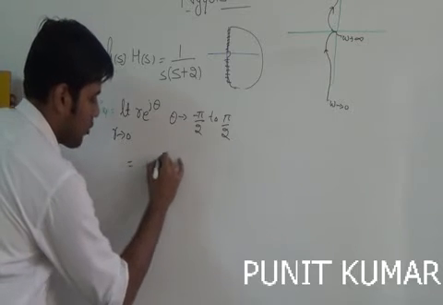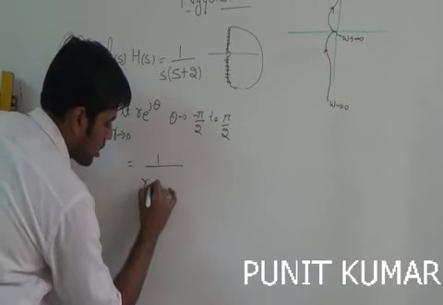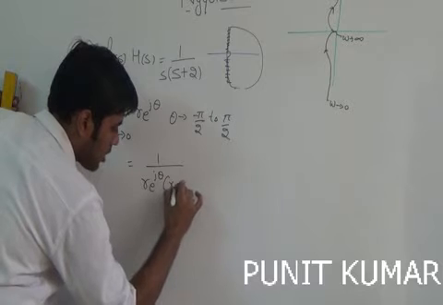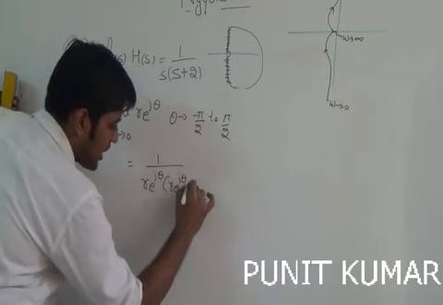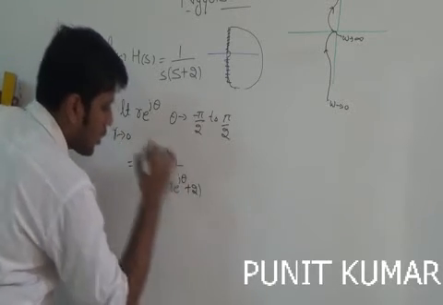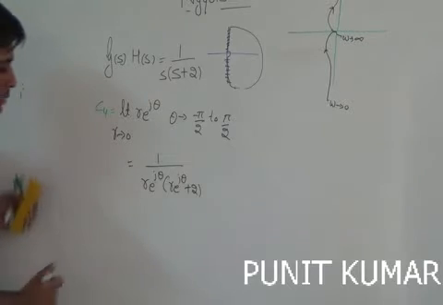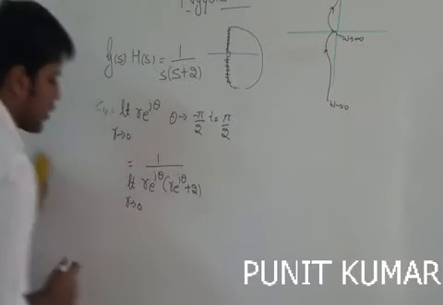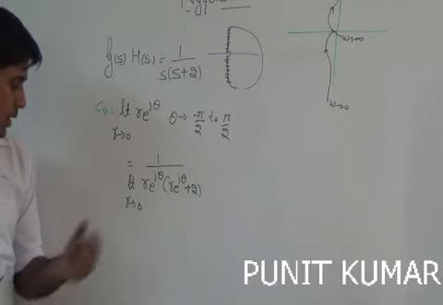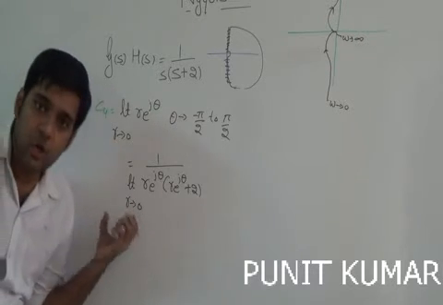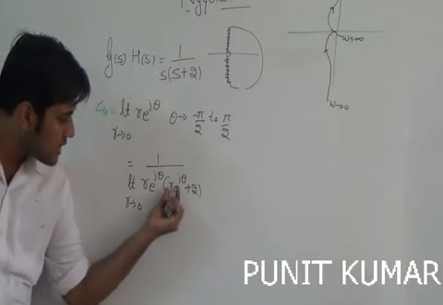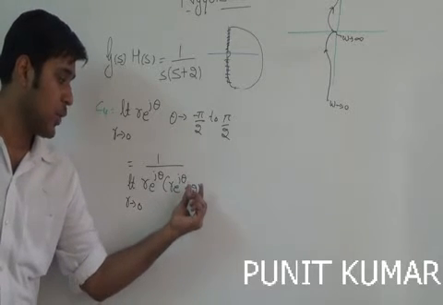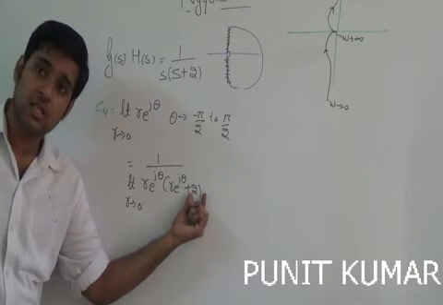So that will come out to be 1 divided by r e raised to the power j theta into r e raised to the power j theta plus 2, limit r tends to 0. Now r is approaching 0, so this term is very small as compared to this.